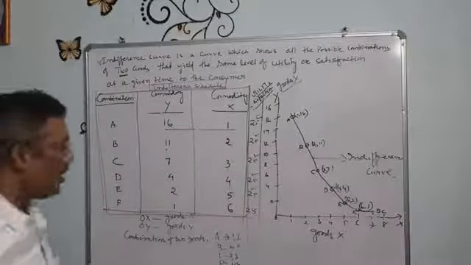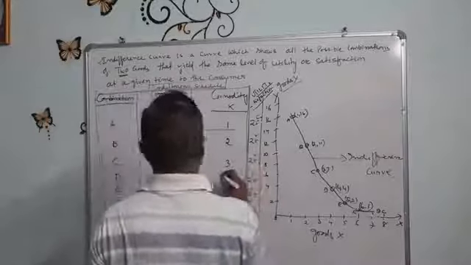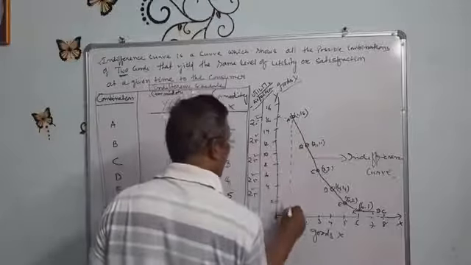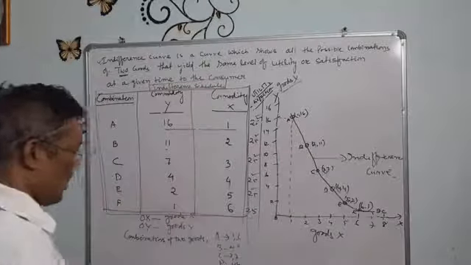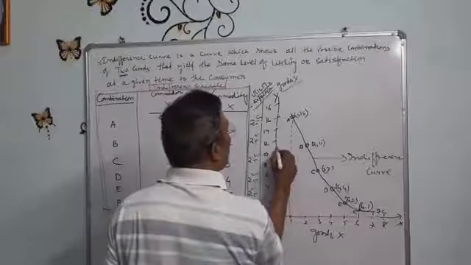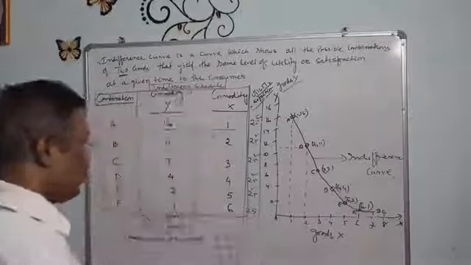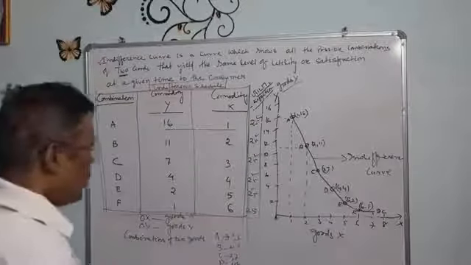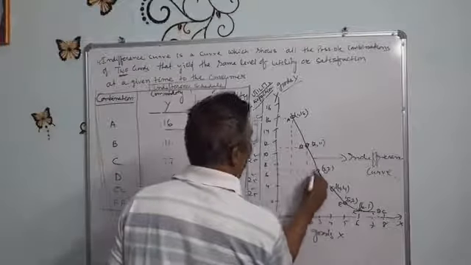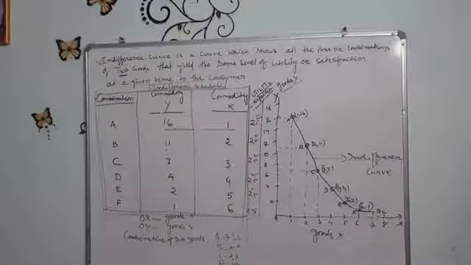So how do we draw the indifference curve? That is the combination of two goods. First case, that is 16 of Y goods and 1 of X goods. B is the combination of 11 units of Y and 2 units of goods X. C the combination, that is 7 and 3: Y goods 7 and X goods 3.